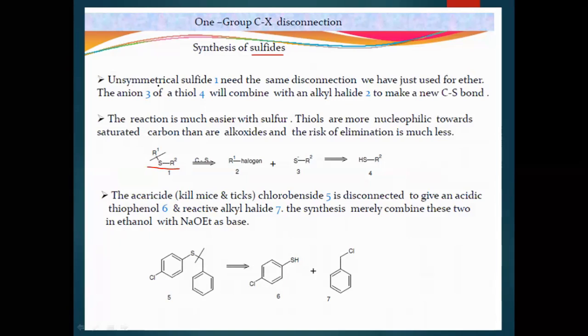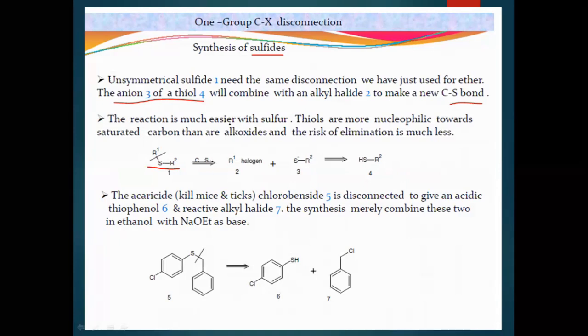That's why unsymmetrical sulfide 1 needs the same disconnection we have just used for ether. The anion 3 of thiol 4 will combine with the alkyl halide 2 to make the new C-S bond.